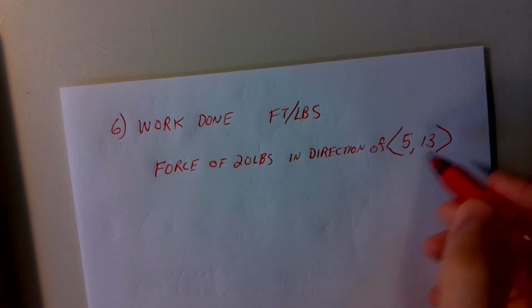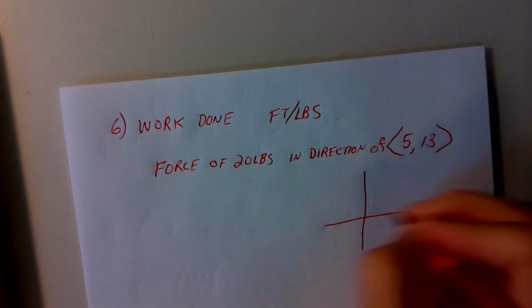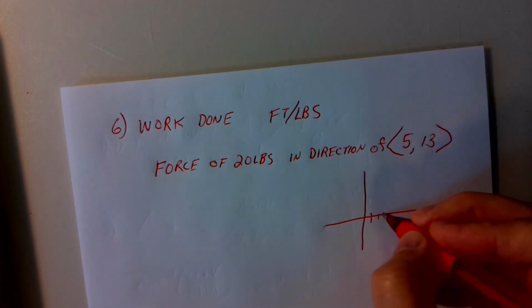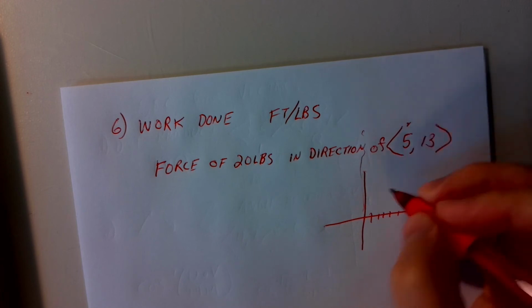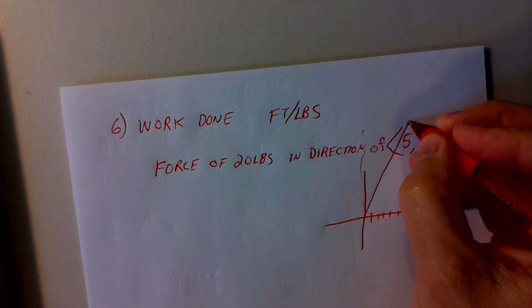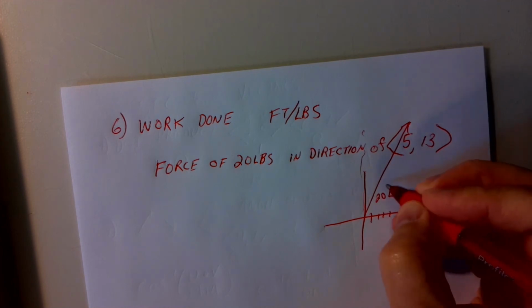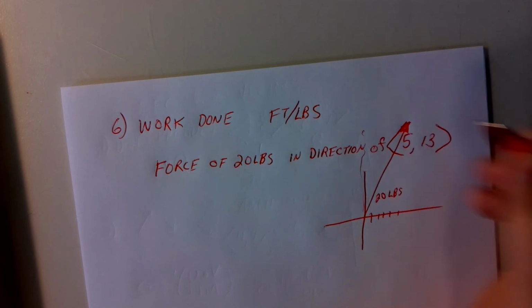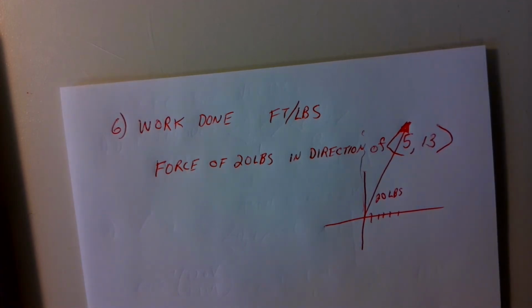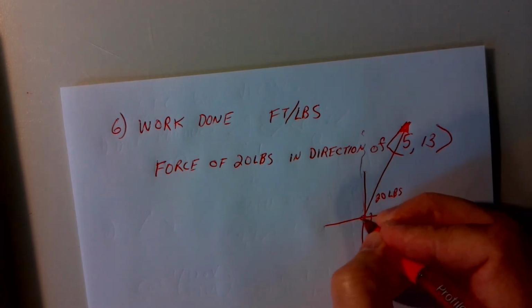Here's a little picture of what's going on. 1, 2, 3, 4, 5, and 13 is way up there. I have 20 pounds of force going in that direction. Good deal?